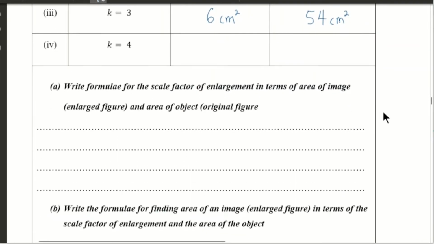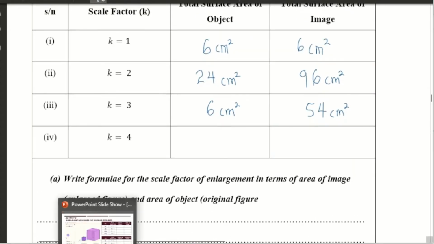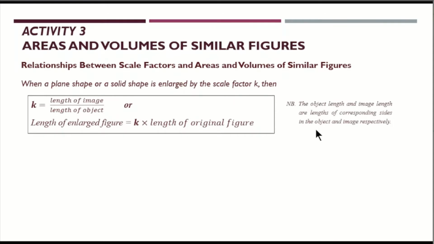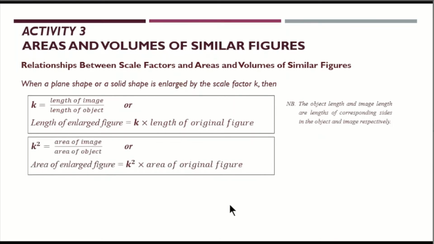Now, if you are able to do that, you would observe that you come up with a formula which is similar to this, whereby we have the scale factor squared is equal to the area of the image divided by the area of the object. Or, in order to find the area of the enlarged figure, that is the image, we would have to square the scale factor of enlargement and then multiply our result by the area of the object.